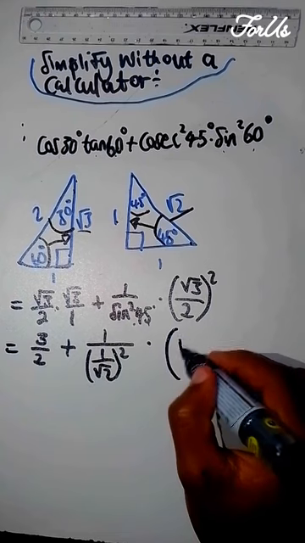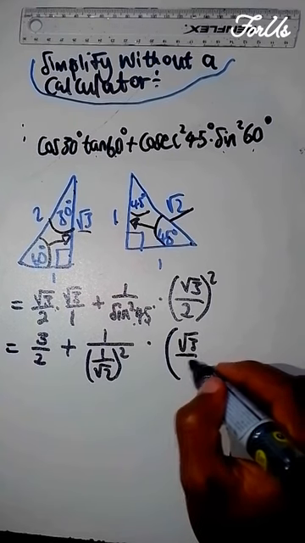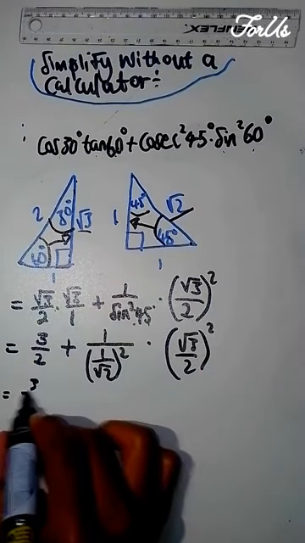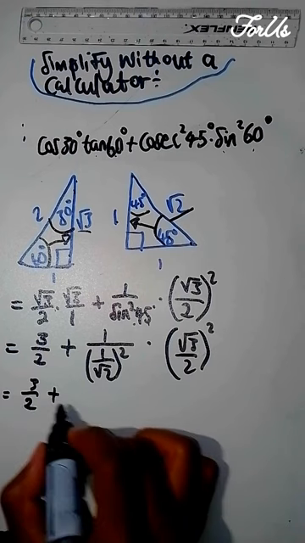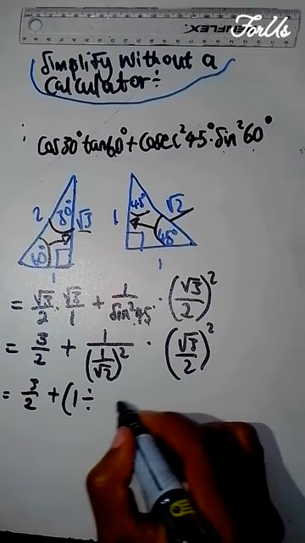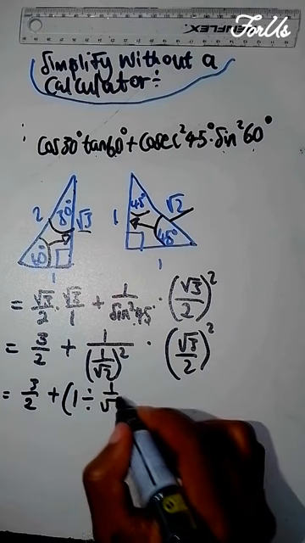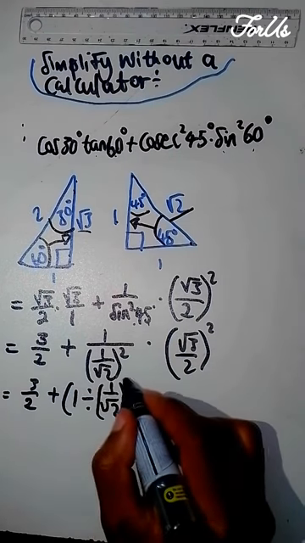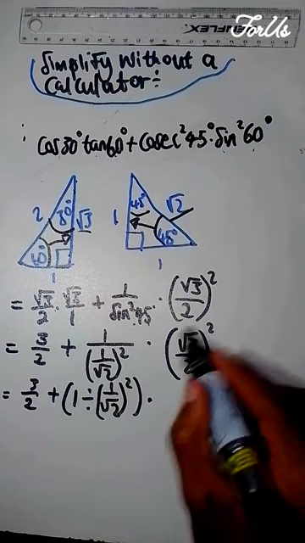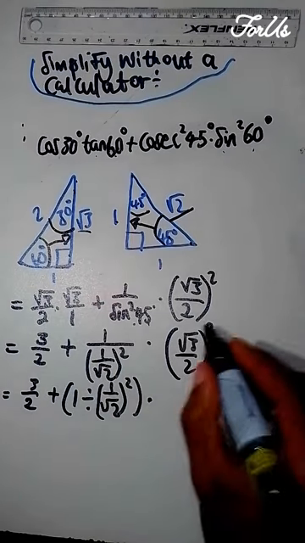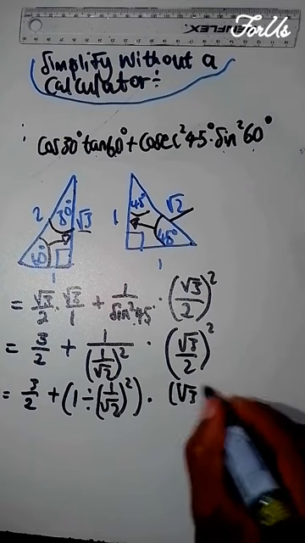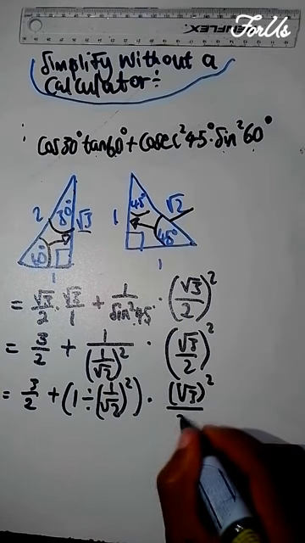Then here 3 divided by 2 plus, and this one is the same thing as 1 divided by 1 over root 2 squared. Same thing. Here when you simplify this term, it's going to be square root of 3 squared all over 2 squared.